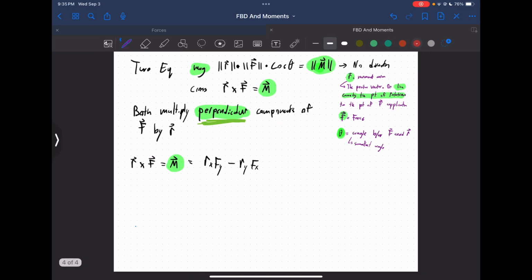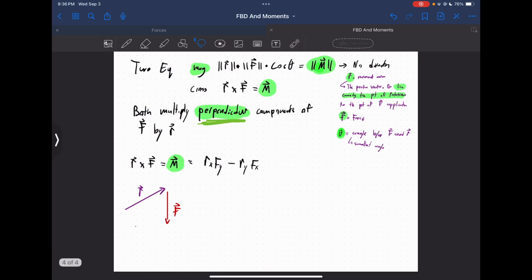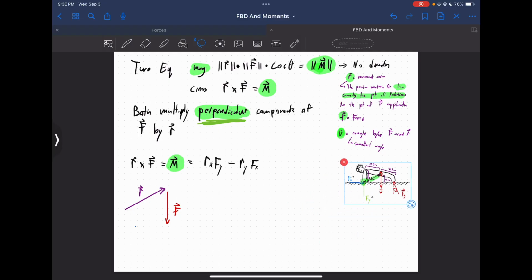And if I were to draw that here, it's going to be a vector like this with that force vector down here. And we may as well grab Jimothy just so we can see this in action. Right, and we know this vector is 0.3.